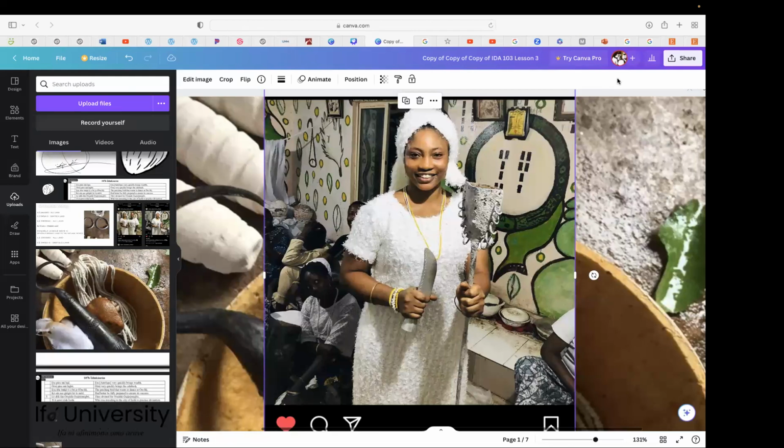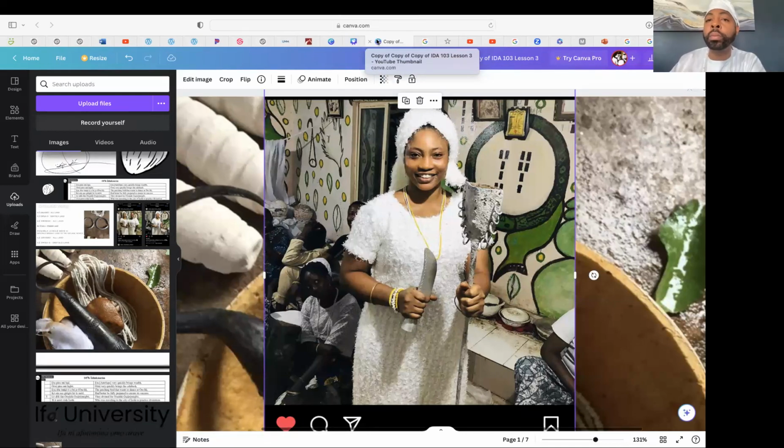Those two are different; the washings are different. But if we are talking of consecration, the earring with the icon, definitely you are going to wash it the same way you wash your earring. You get it?